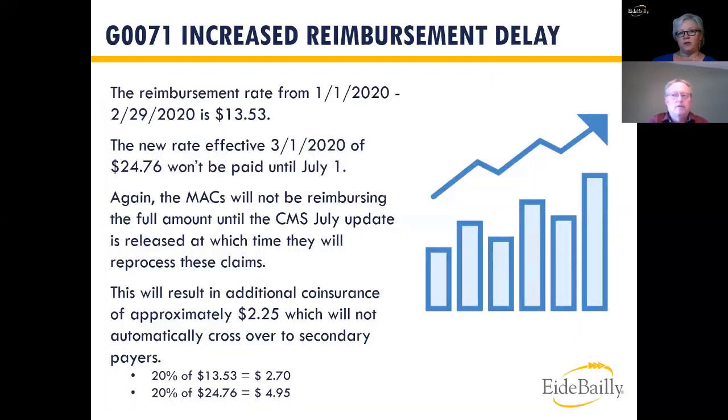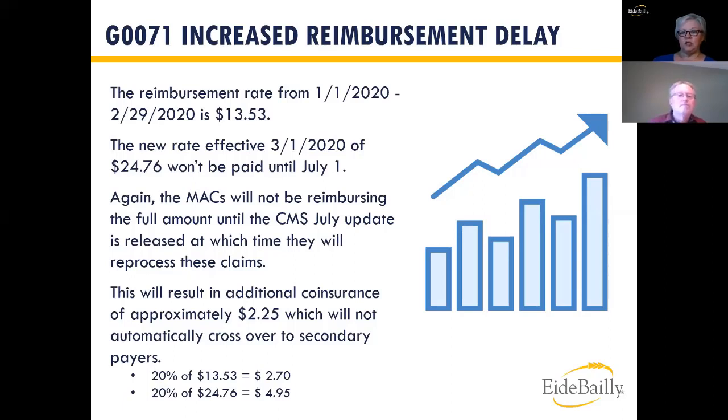So that reimbursement is going to result in some additional coinsurances being due. Originally 20% of the $13.53 was $2.70. When they pay the new rate of $24.76, that coinsurance is going to change to $4.95. That's going to be approximately $2.25 that will then be left on the accounts.